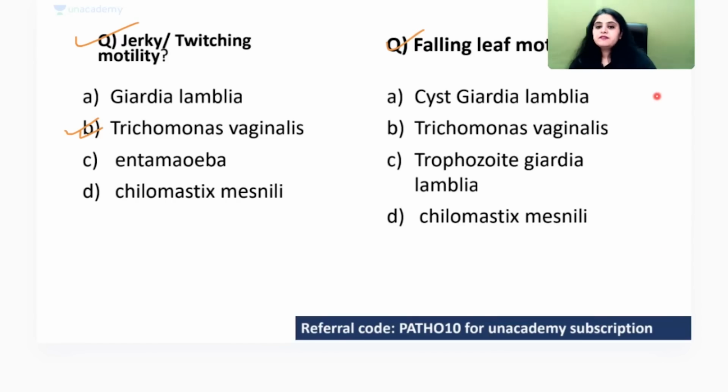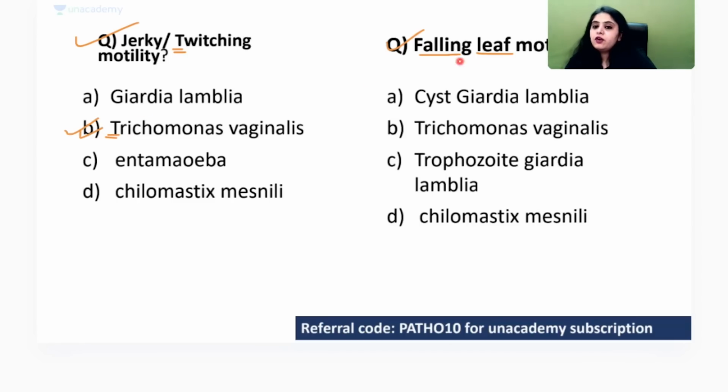Because I know when I say falling leaf motility, all of you jump to which organism? When we say falling leaf motility, you say Giardia lamblia. I didn't want 90% of you jumping, so I told you read all options. First and foremost, yes, twitching motility or jerky motility is Trichomonas vaginalis.